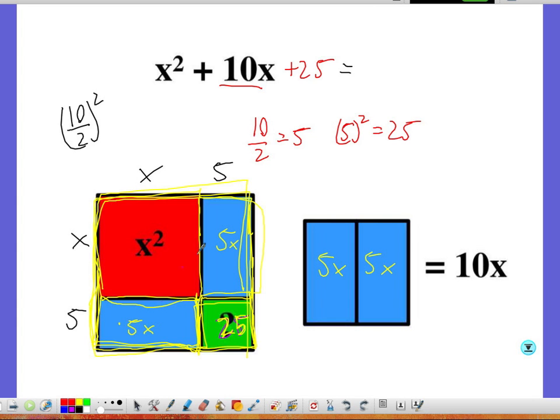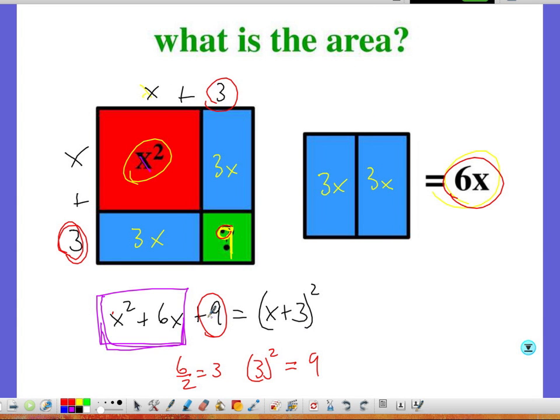Now we have to figure out, well, we completed the square here, we got 9, and then we have to find the other side of the equation, which is x plus 3 squared. How do we get x plus 3 squared? Well, basically notice that here we always have x squared, so the dimension is always going to be x. So we can go ahead and write that down.